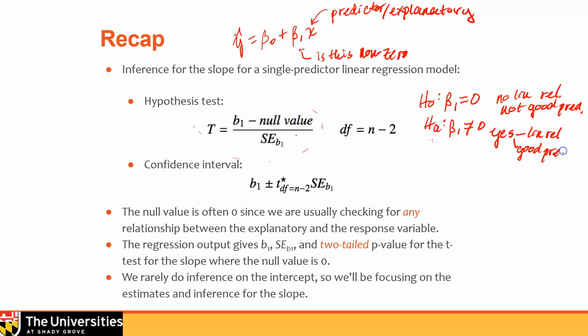It doesn't say how well it predicts. And the confidence interval gives us the size of the slope, right? This is an estimate of the true population slope.